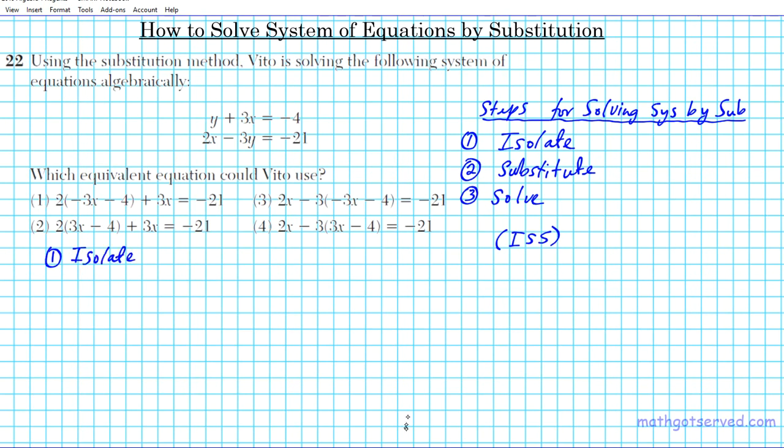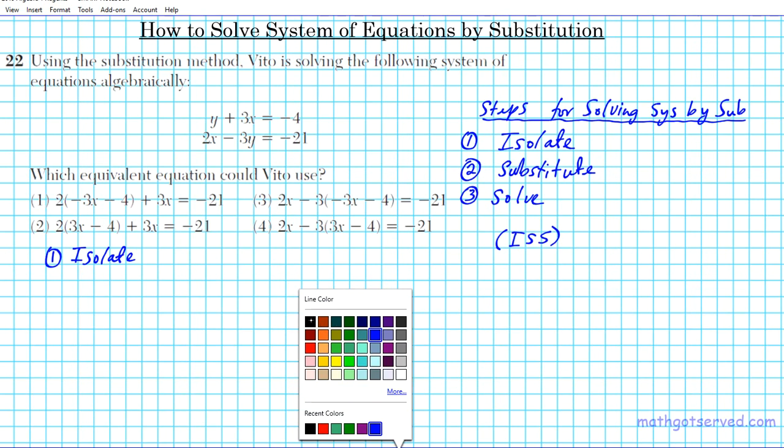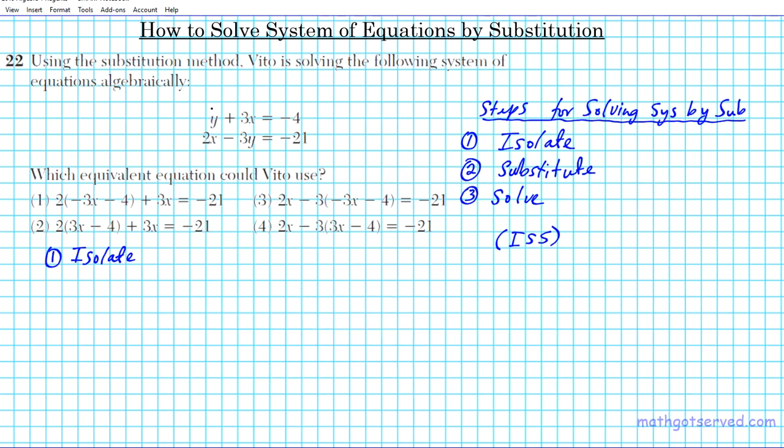For the isolation step, we're going to take a look at all the variables here. There are 4 of them. Then we ask ourselves, which is the easiest to get by itself? In most cases, the one that has a coefficient of 1 is normally the fastest to be isolated.